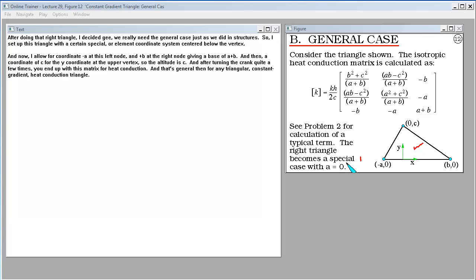And now I allow for a coordinate minus a at this left node and plus b at the right node, giving a base of a plus b, and then a coordinate of c for the y-coordinate at the upper vertex, so the altitude is c. And after turning the crank quite a few times, you end up with this matrix for heat conduction, and that's general then for any triangular constant gradient heat conduction triangle.